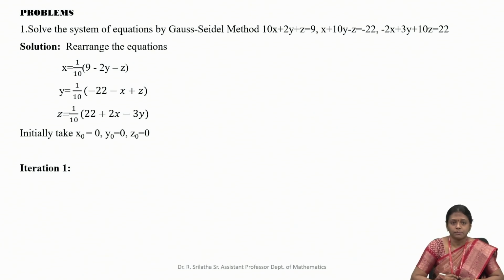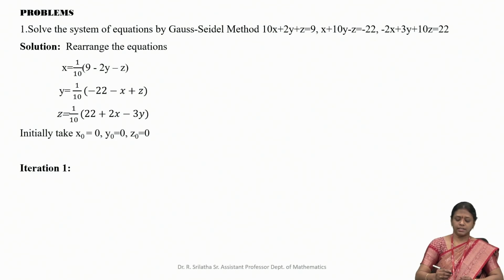Now, how do we solve a system of equations using the Gauss Seidel method? We have an example problem: solve the system of equations by the Gauss Seidel method. We have three equations: 10x plus 2y plus z equals 9, x plus 10y minus z equals minus 22, and minus 2x plus 3y plus 10z equals 22.